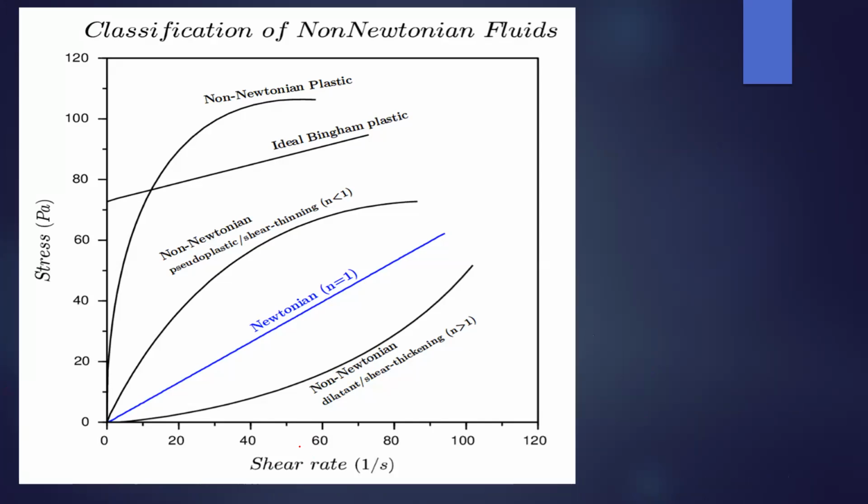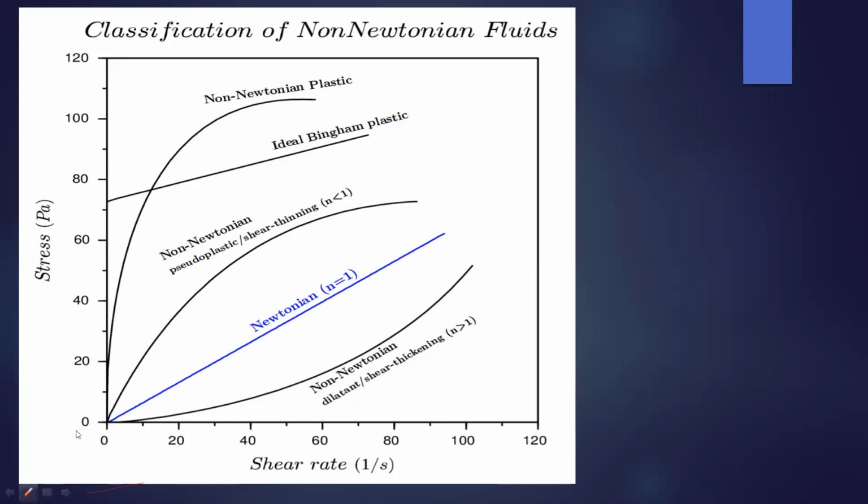Here with the help of this graph, we can see the classification of various fluids based on Newton's law of viscosity. Here we have the rate of deformation, which is given as du by dy.